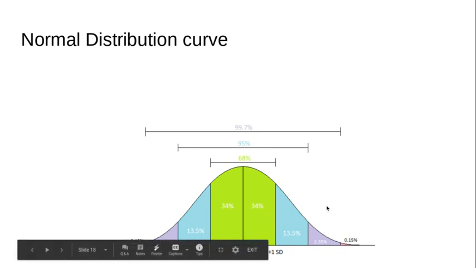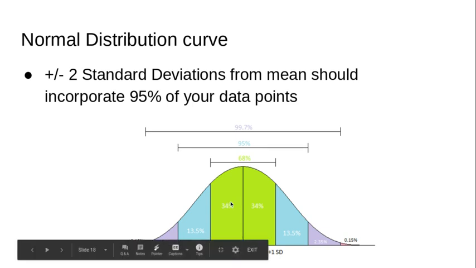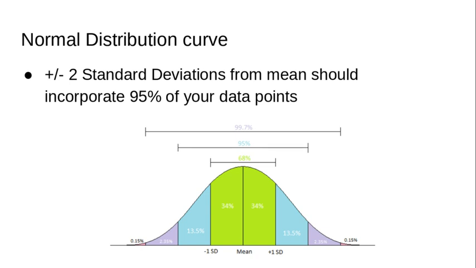And so this right here is representing a normal population curve where, and what we say in bio is that there's a 68, 95, 99.7 rule. We look at plus or minus 2 standard deviations of the mean, and that should incorporate 95% of your data points. So we're going to talk about something called a 95% confidence interval. It's somewhat connected.